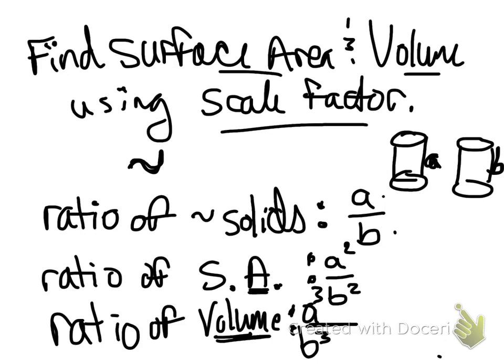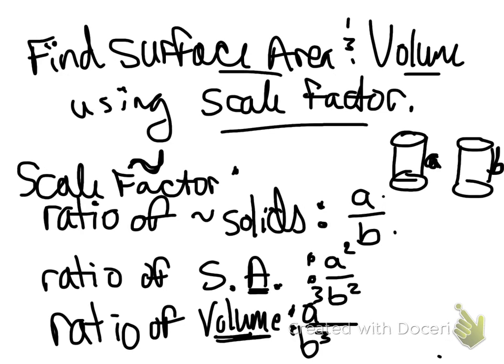Okay, this is for your scale factor. So we're going to use this a squared over b squared if you're finding an unknown surface area, or a cubed over b cubed if you're finding an unknown volume. Let's go ahead and practice with that.